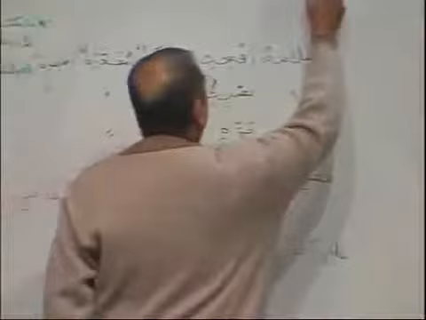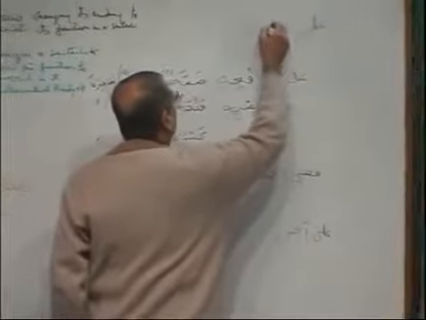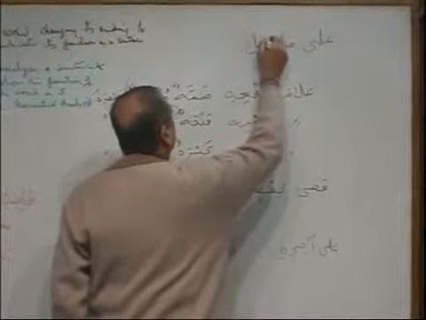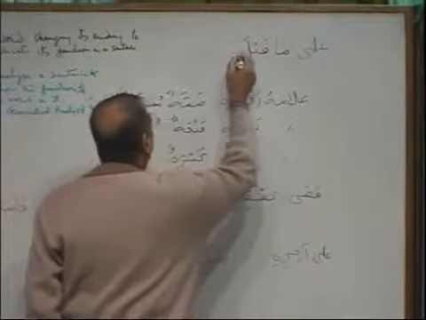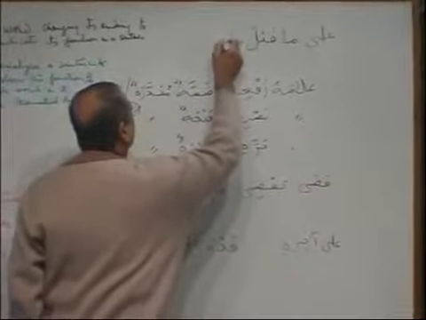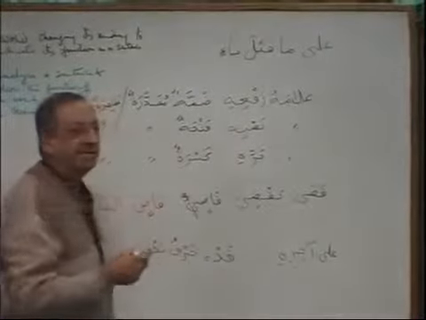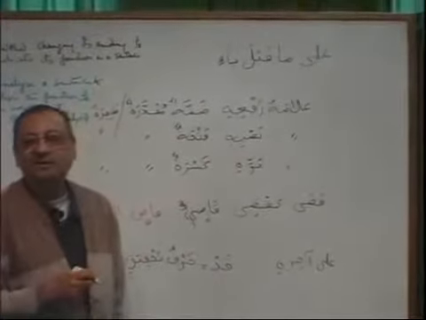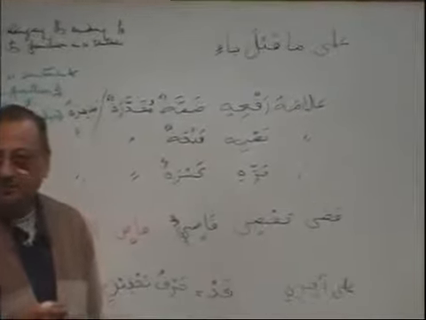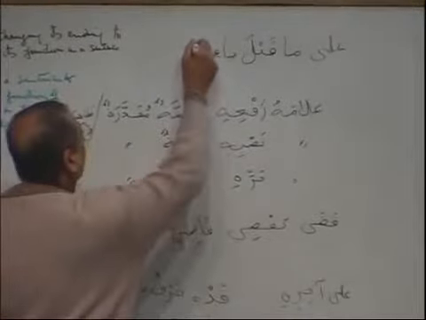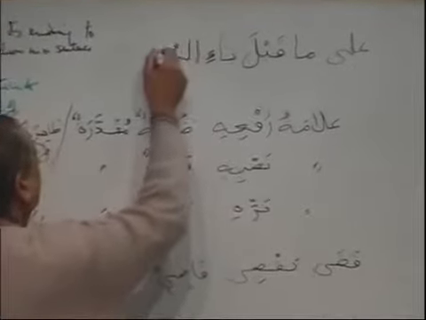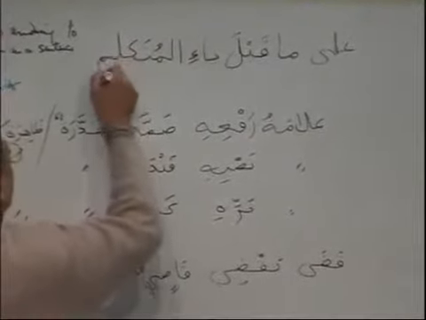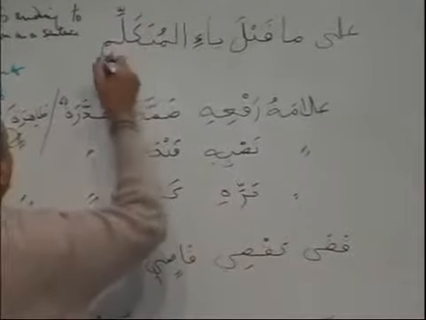Now you should write one extra sentence. You will write down this, brother. Ala ma qabla. See, qabla came, then the next noun has to be mudaf ilayhi, majroor. So it became ya'i, and then mutakallimi.